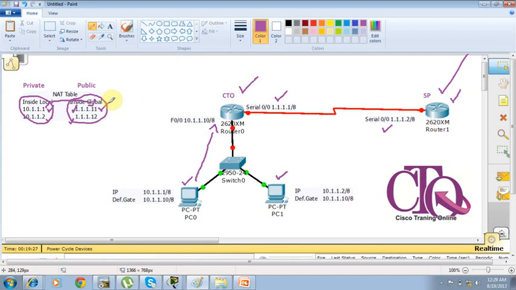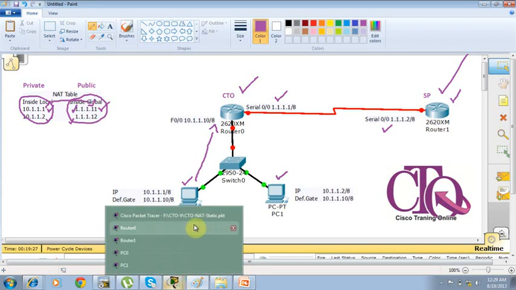Means the service provider router doesn't know the actual IP address of PC0. So how is it possible that both private IP addresses will be translated into public IP addresses? So we start configuring this scenario.